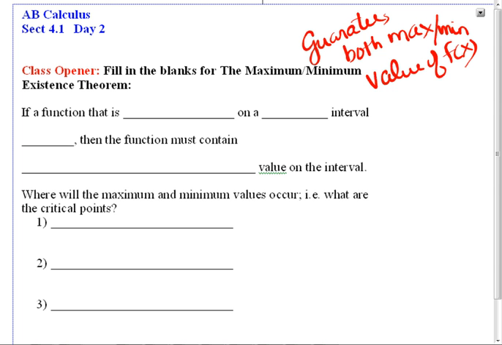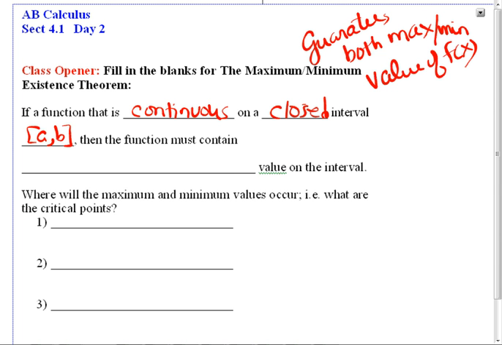Now, what do we have to do to guarantee the maximum? Function has to be what? Continuous on a closed interval. And the closed interval we called AB. When I see that I'm going to look for a maximum value and it's a closed interval, I don't even necessarily look for the continuity piece.